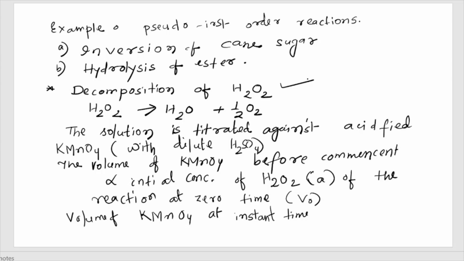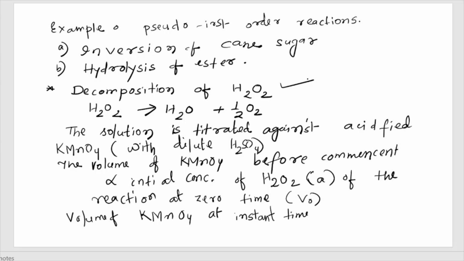Then, the volume of KMnO4 before commencement of reaction, that is the initial. You are not using the volume of KMnO4 itself, but it is proportional to the initial concentration of hydrogen peroxide. Let the initial concentration of hydrogen peroxide be A, small a.